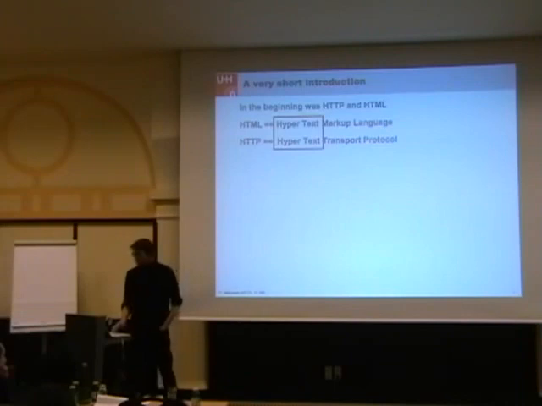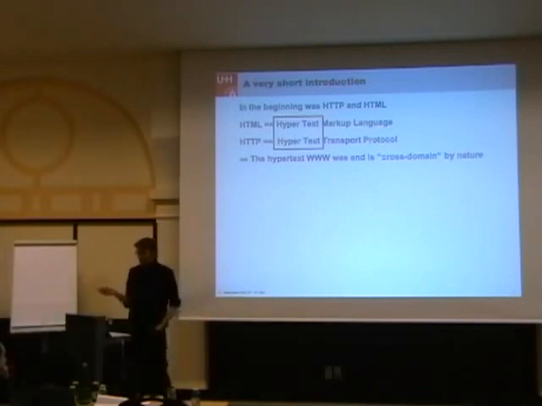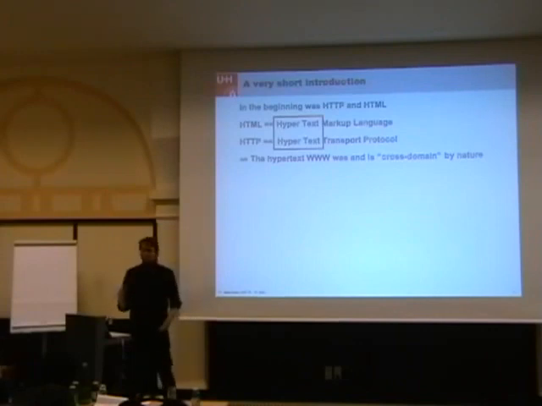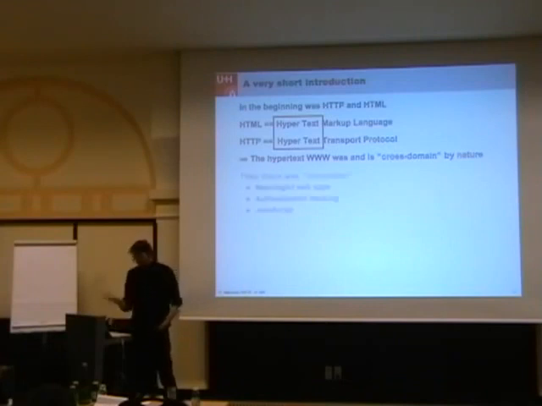If you look at the beginning of the www, you will notice that what we call today the internet or the www was cross-domain by nature, because of the hypertext nature, and especially the linking between documents hosted by different people and the intermixing of content from different people, was a very essential design goal of the www.